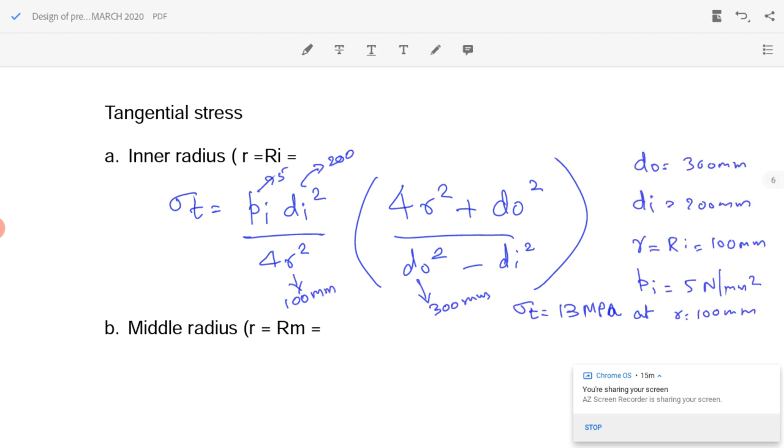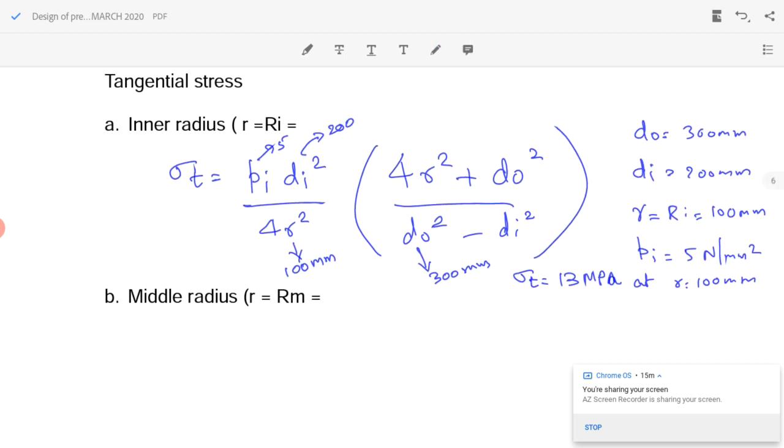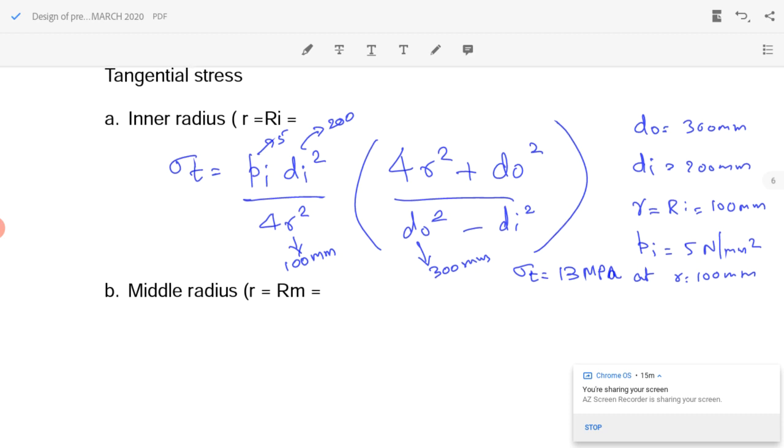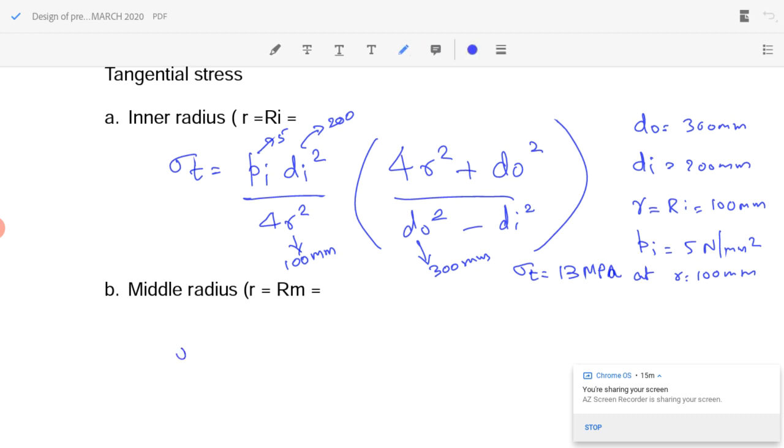Now we can use the same equation to find sigma T at R equal to the mean radius, that is 125 mm.